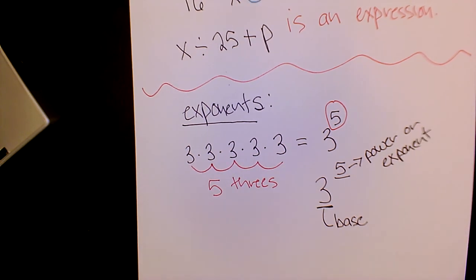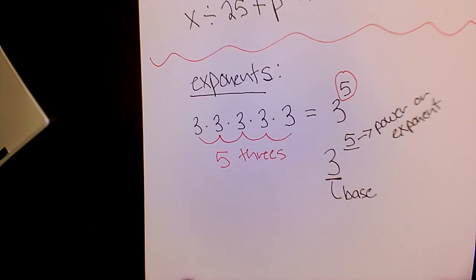So 3 is the big number that it sits on. 5 is the number that's raised up. 5 tells you how many times you're multiplying the 3. So 3 to the 5th, again, is just 3 times 3 times 3 times 3 times 3.